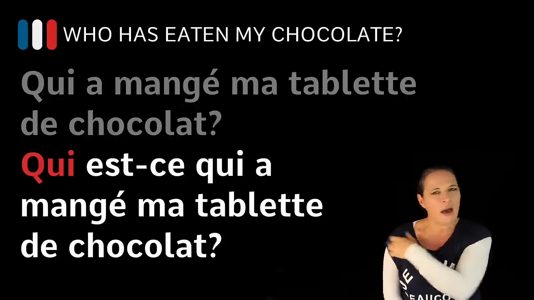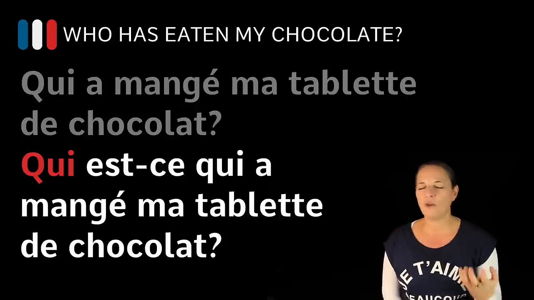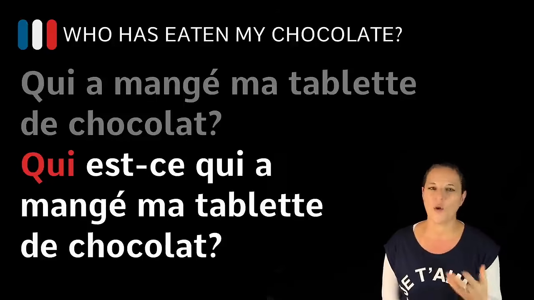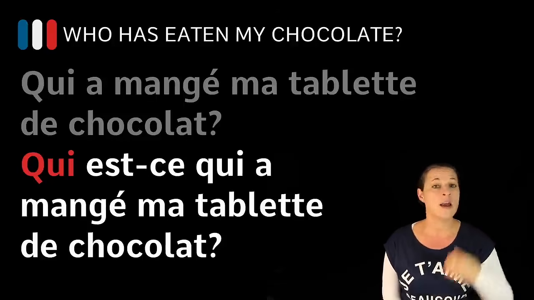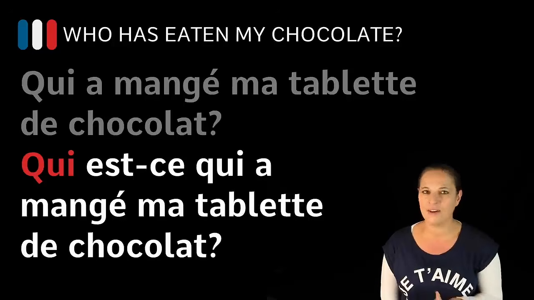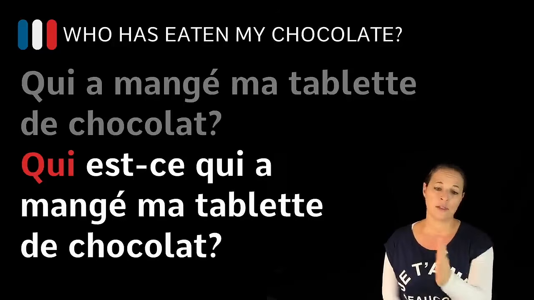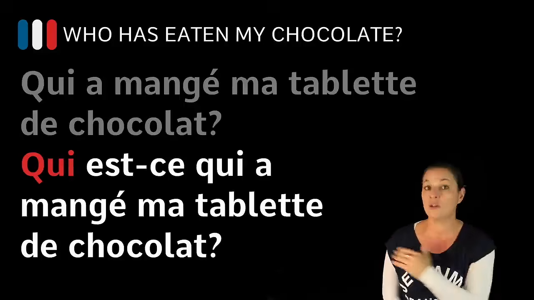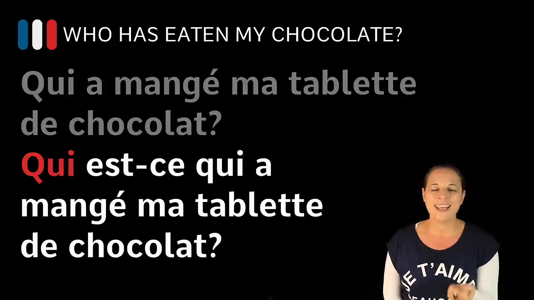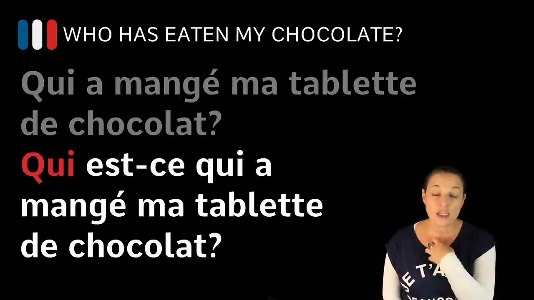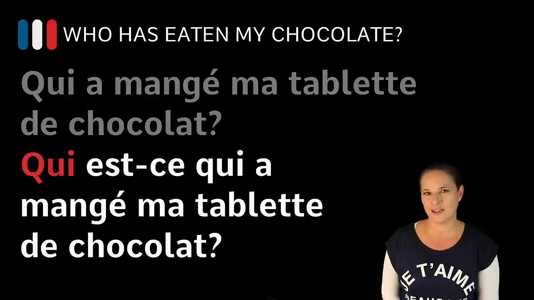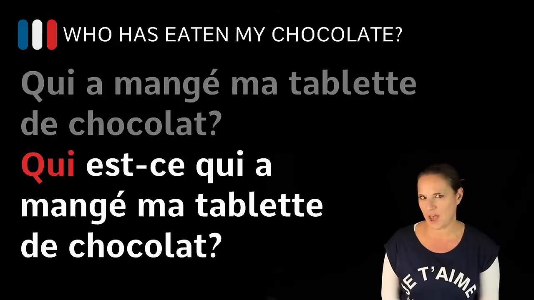It's not hard, and if you have been watching my videos on these question words, you will notice that there is a pattern into where those question words come in a sentence, in a question. Please try to ask me questions using qui today. Why don't you do that?